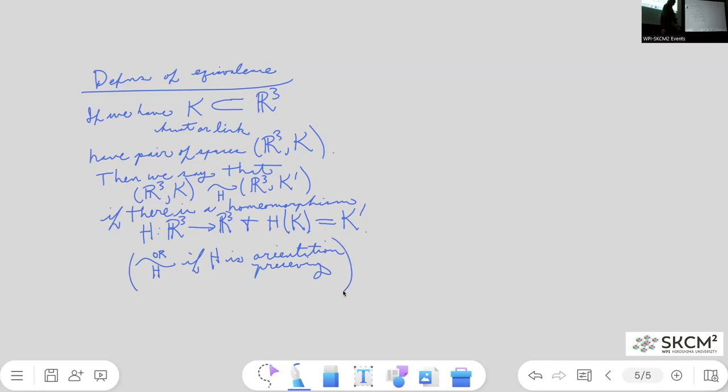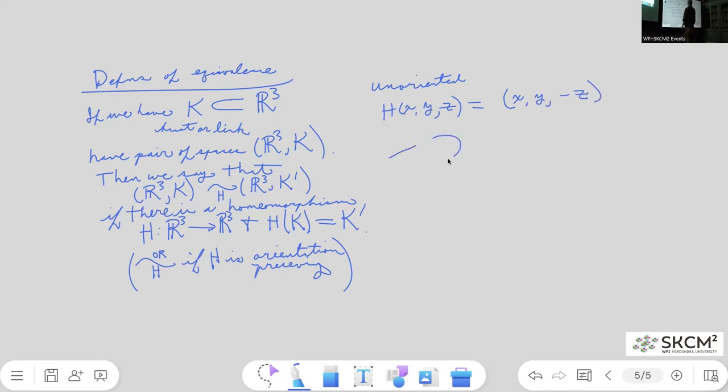Right? So this was maybe the original definition of what it meant for two knots to be equivalent. Here I haven't talked about using a sequence of pictures of the knot which go slowly from one to the other, an isotopy. I've just said there should be a homeomorphism which throws one to the other. For example, in the case of unoriented, we could have H of (x, y, z) equal to (x, y, minus z).